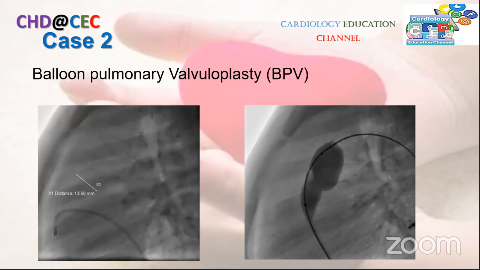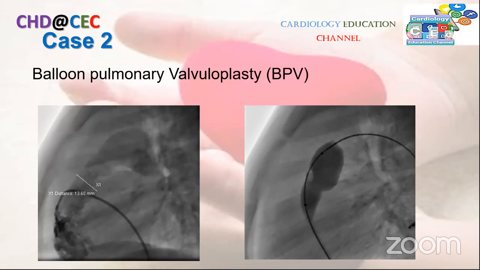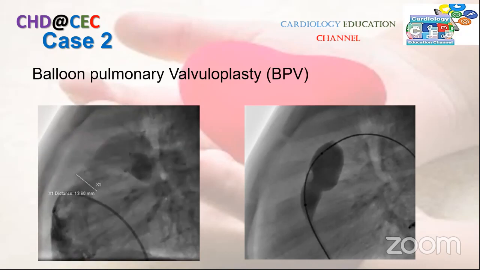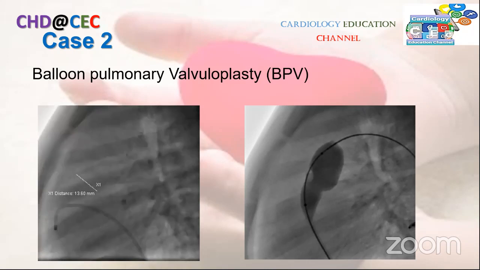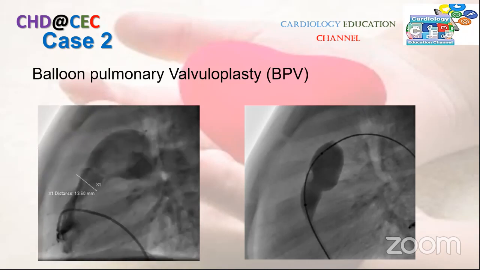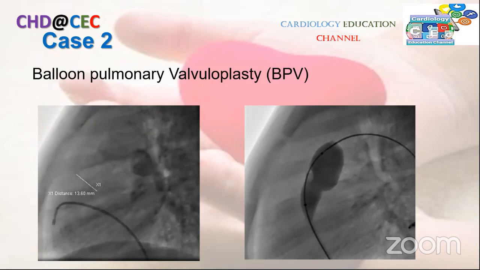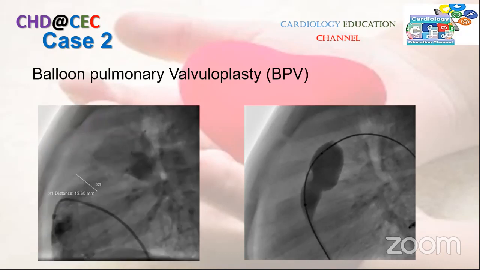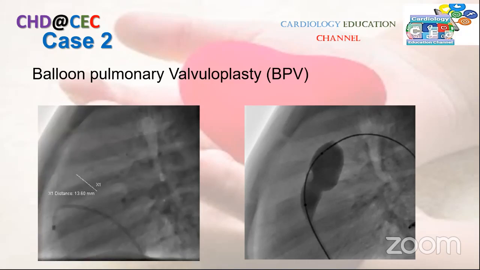And the most approved criteria for success are a drop in the RV pressure of 50% compared to the pressure gradient measured before the procedure, or a drop in the RV pressure to less than 30 millimeter mercury. This is a very important point, especially when you are dealing with babies with critical pulmonary stenosis, where the pressure gradients are very high.